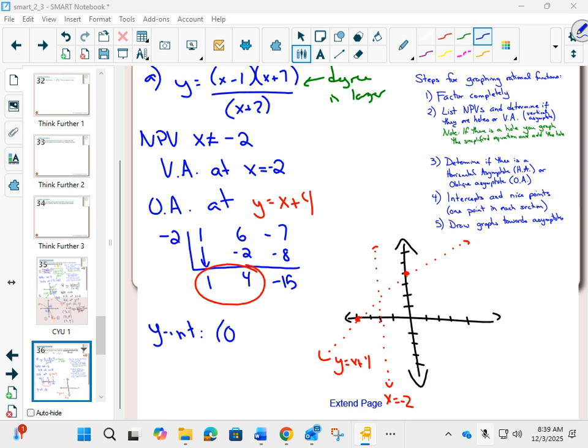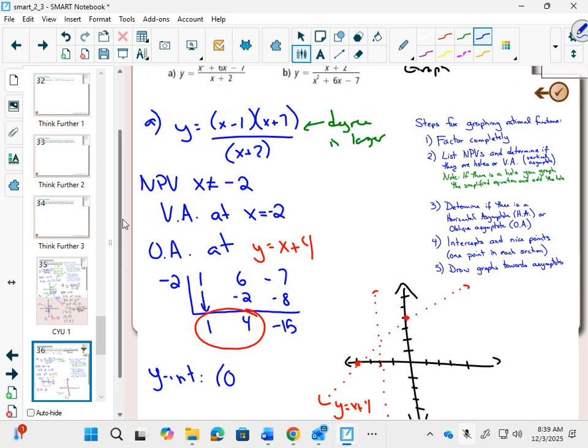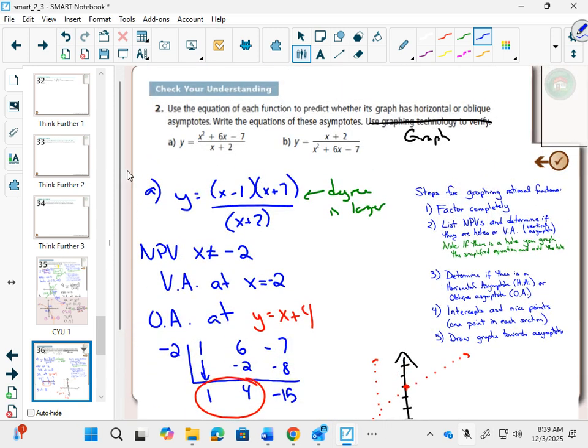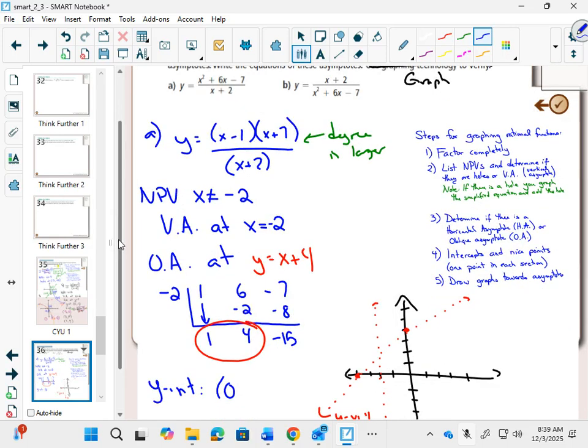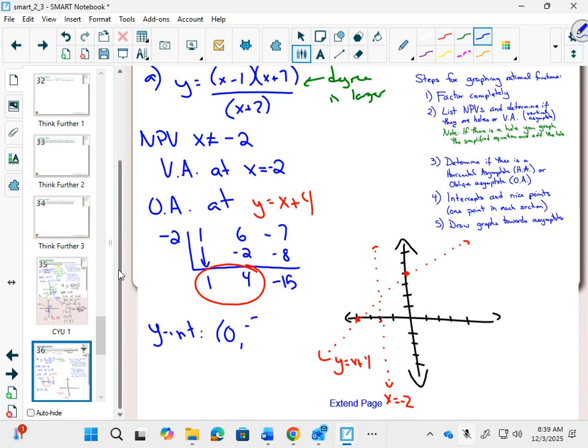Just plug in 0 for x. And I would go back to my original equation here, because if I plug in 0 for x, then I'm going to just have negative 7 over 2. And I can label that point. Zero comma negative 7 over 2.